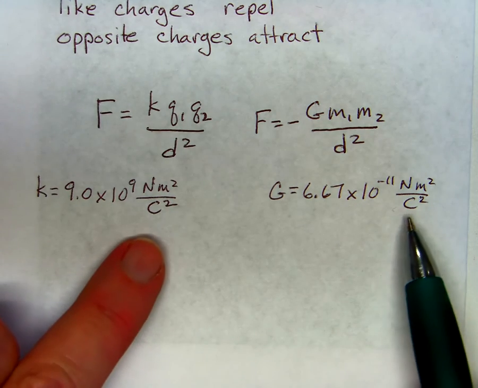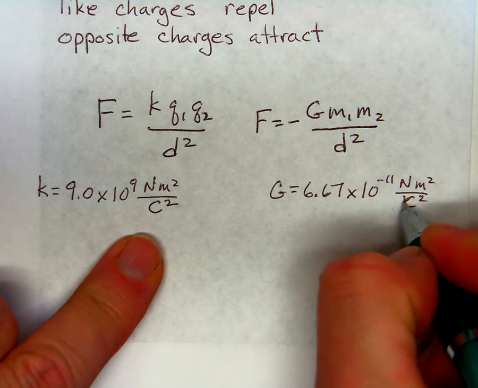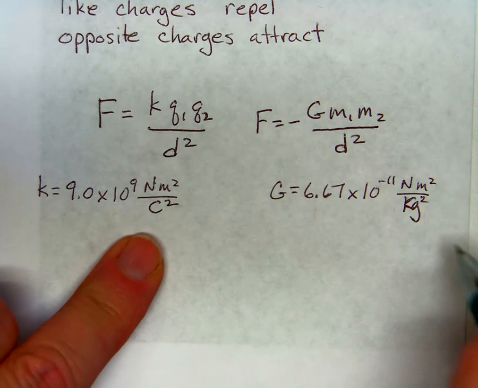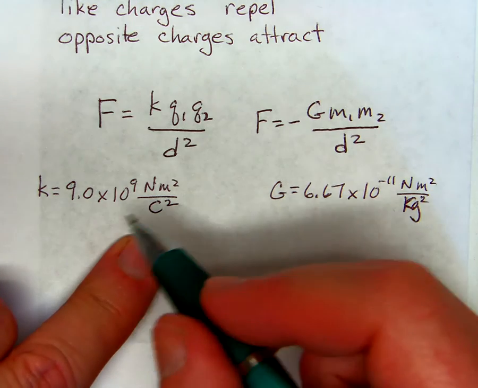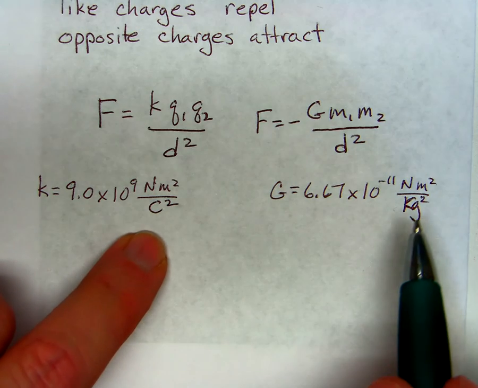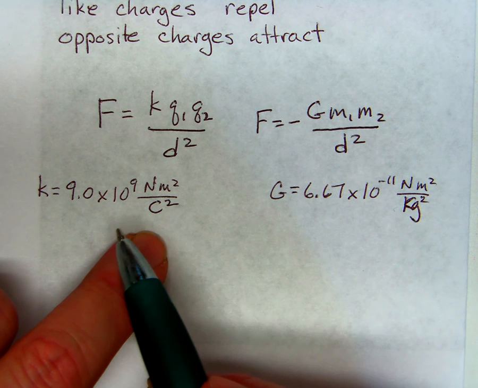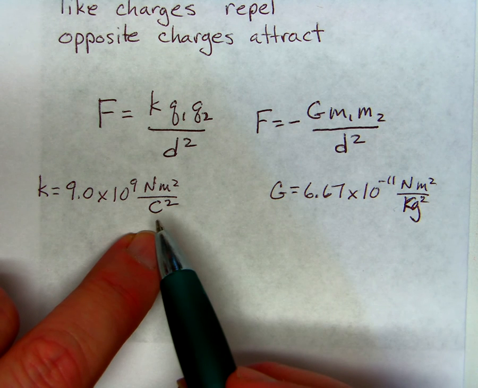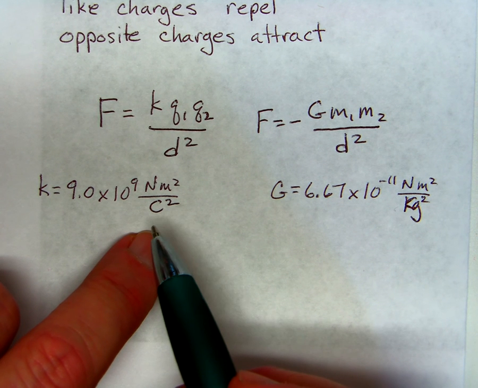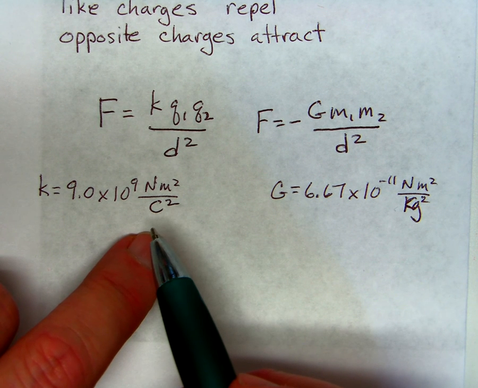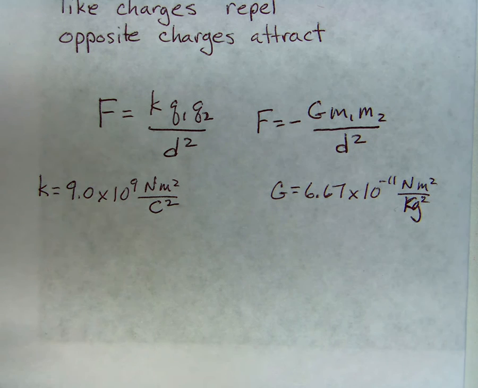Again, the units, that should be kilograms squared. The units look very similar, except for here we've got kilograms. Here we have coulombs. But do you notice anything about the size of the numbers for these two things?